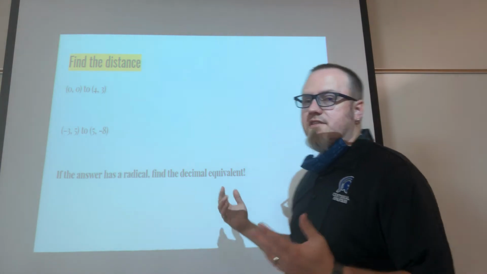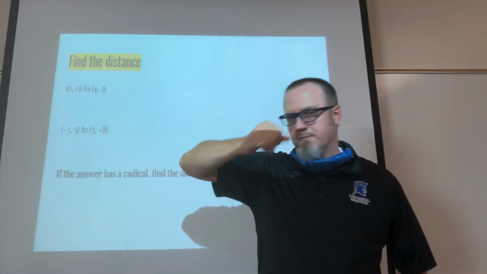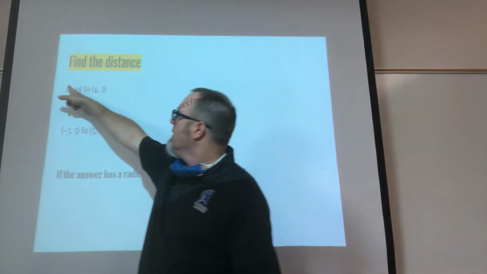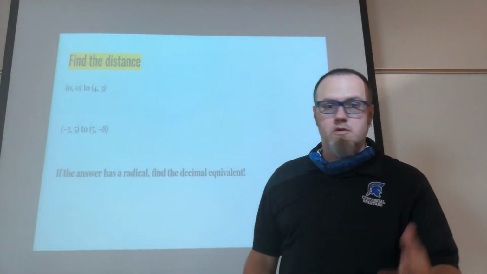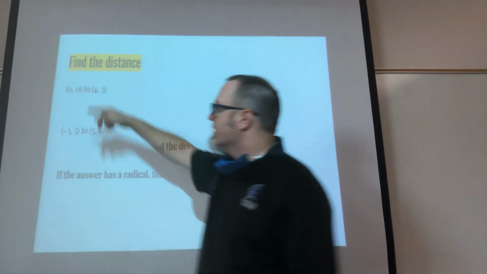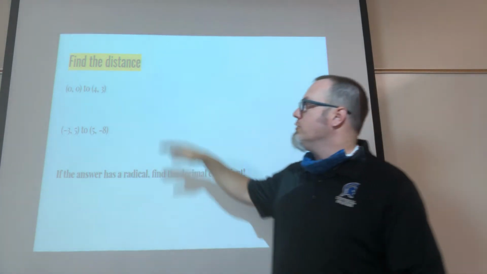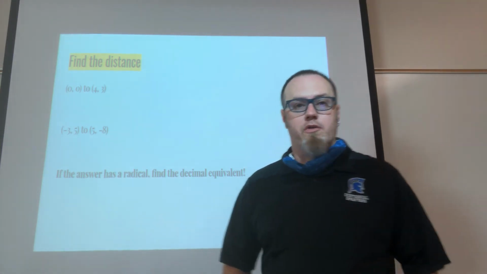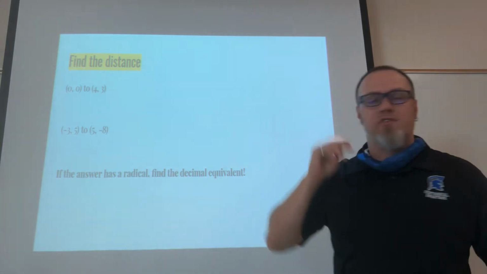So, finding the distance from (0, 0) to (4, 3), we're going to find our change in x. That's going to be our a value. So that's 0 to 4, that's 4. From 0 to 3 is a distance of 3. So we have 4 and 3. We're going to do 4 squared plus 3 squared. 4 squared is 16. 3 squared is 9.